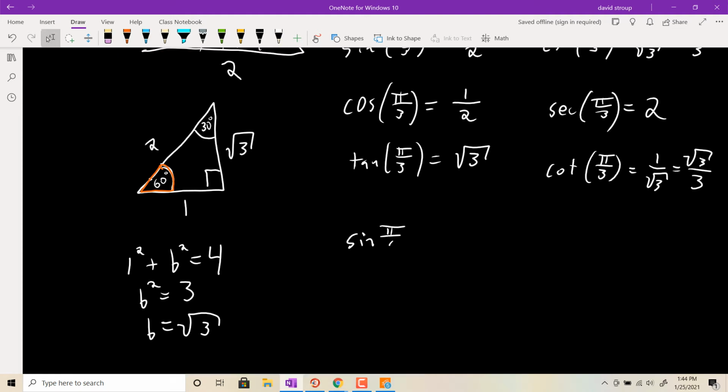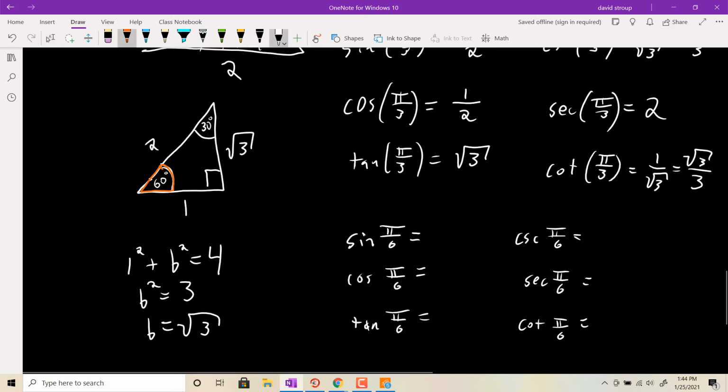We want to do the same thing now, but with pi over 6. So sine pi over 6, cosine pi over 6, tan of pi over 6, and then cosecant of pi over 6, secant pi over 6, and cotan of pi over 6. Okay, and we can use the same picture.